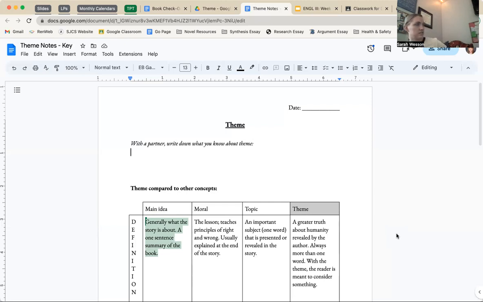It's a one-sentence summary of the book. Quick note here, theme isn't just limited to books. You can find theme of a poem or theme of a movie too. So just the work of literature in general here for a book.